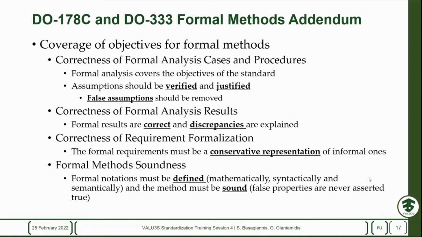Now, if we pass this level, then this correctness of our models during, let's say, the usage of formal methods, we are trying to see whether the results that we are getting from the verification perspective are correct, or they have any types of discrepancies.